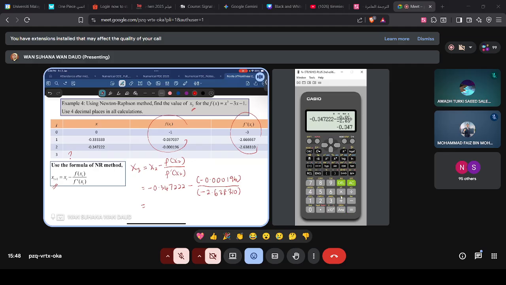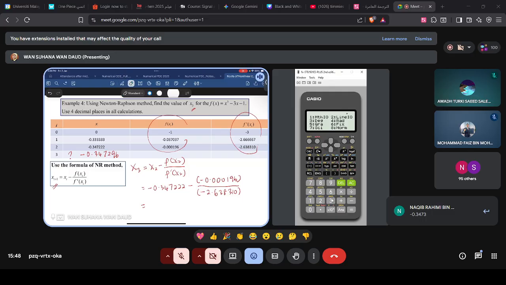Okay, I got negative 0.347296, if I'm not mistaken, because I used let's say 3 decimal places. If you use 6 decimal places, just press 6 decimal places, you get negative 0.347296. Okay, 3473. Okay, no problem.